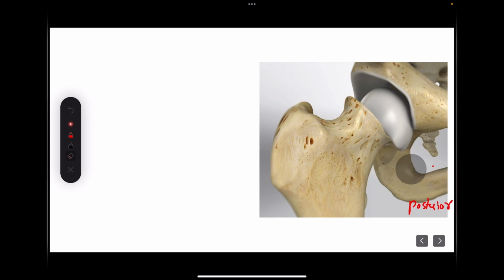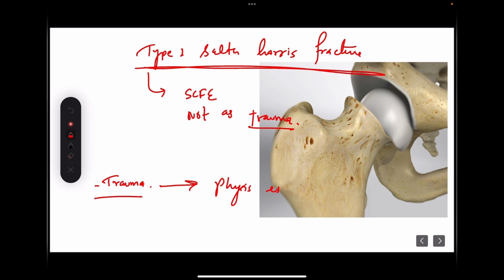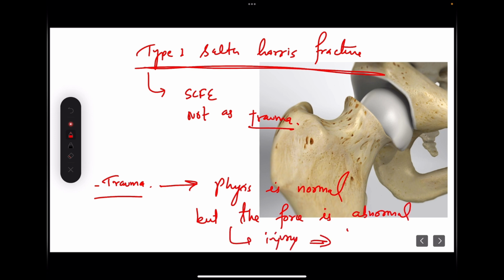So this condition appears to be similar to a type 1 Salter-Harris fracture. But why are we discussing this as a different entity known as SCFE, and not as a trauma, that is, a type 1 Salter-Harris fracture? Because in trauma, the physis is normal, but the force is abnormal, which causes injury, and so the slip happens.